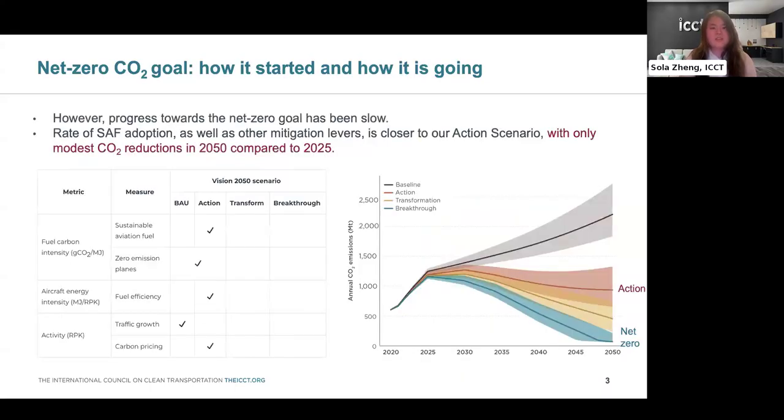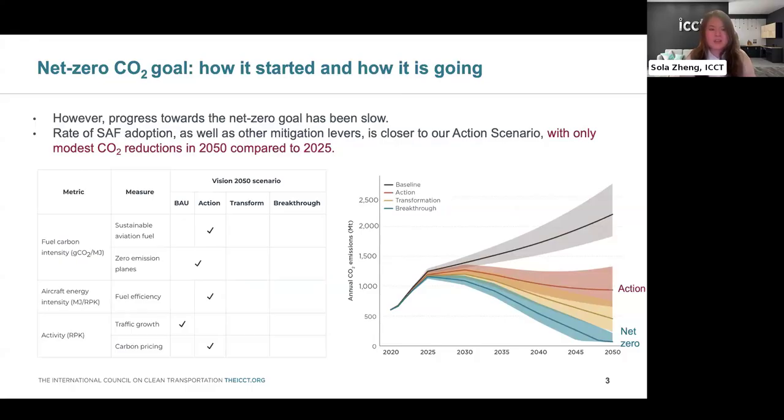However, it's been 3 years since 2022, and the progress towards a net zero goal has been quite slow. Specifically, in late 2024, we assessed how the different mitigation technologies are tracking towards our modeled scenarios in the first Aviation Vision 2050 roadmap.